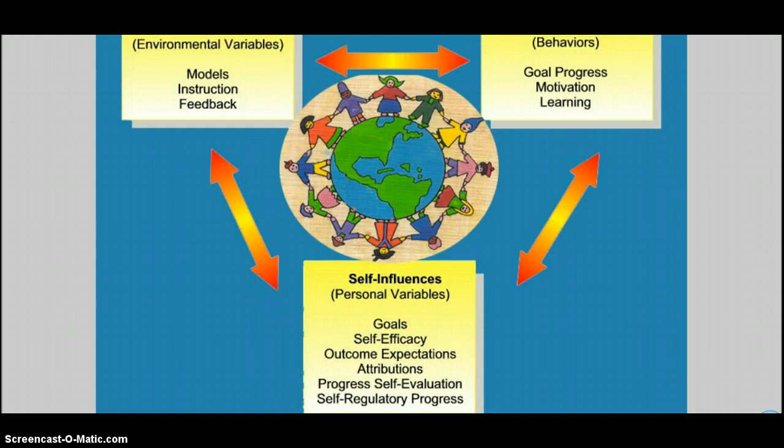Therefore, the effects of behavior and environment are reciprocal and interlinked. In the social cognitive theory, behavior, environment, and cognitive factors interact with each other much like the points on a triangle. And here we have a diagram of all three of those and the way they're interacting with each other.